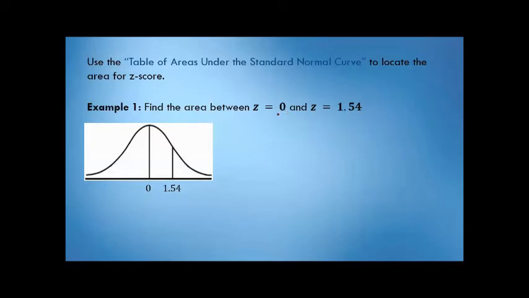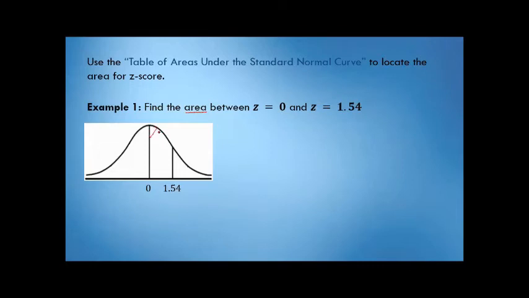So kailangan muna nating i-locate yan sa ating normal curve. Alam natin na ang z-score na 0 ay nasa gitna, so that is the mean. Okay? Then yung z-score na 1.54, dahil positive yan, mas mataas yan sa 0, so possible nasa bandang kanan siya. So estimate lang natin na nandito yung 1.54. Now, ang pinapahanap na area ay ito.